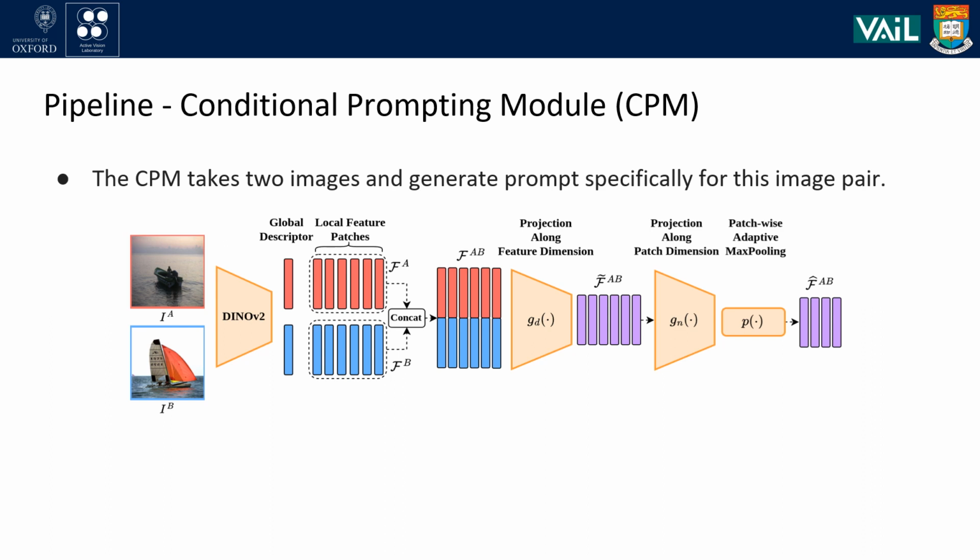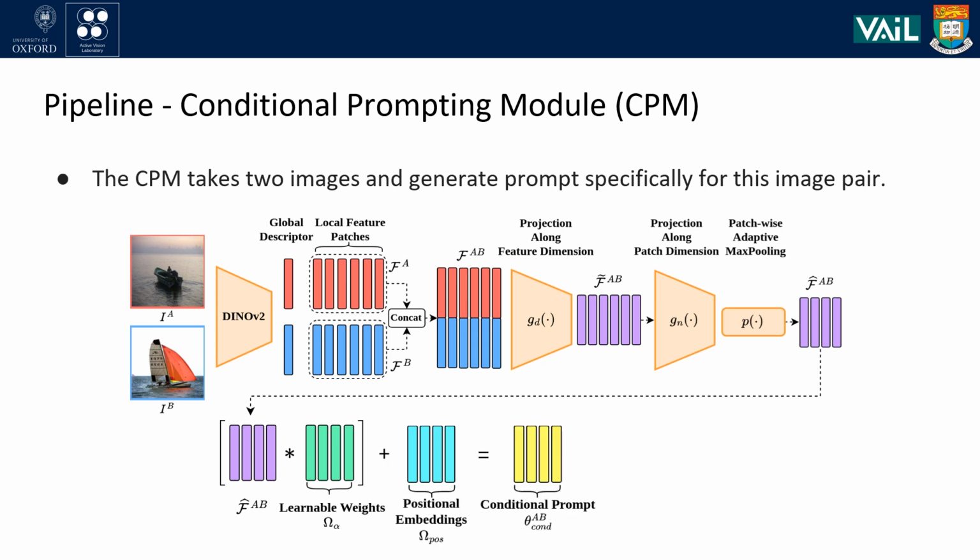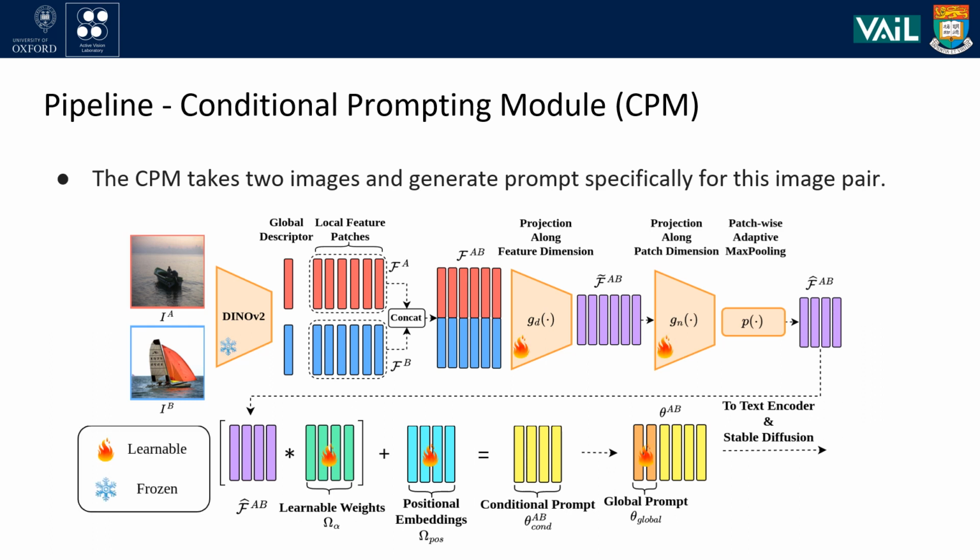Adaptive max pooling is then applied to ensure the number of patches does not exceed the diffusion model's limit. This feature is combined with learnable weights, positional embeddings, and a global prompt to produce the final prompt. The trainable part includes two linear layers, the learnable weights, positional embeddings, and the global prompt.